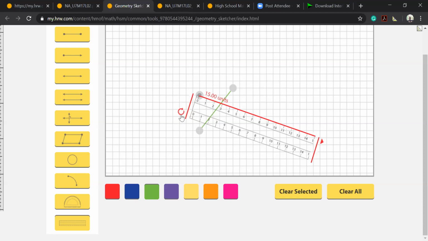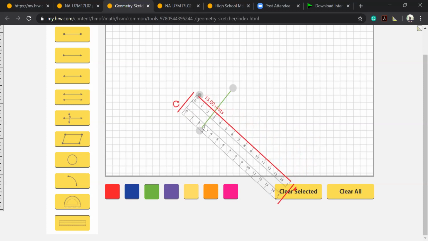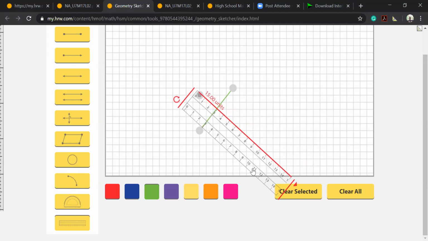So the first thing you should do is to make sure that your ruler is set like this. You know that the ruler has a lot of numbers, 0, 1, 2, 3, 4, and so on. Make sure that one of the numbers is exactly on the line. Can you see what happened in here?